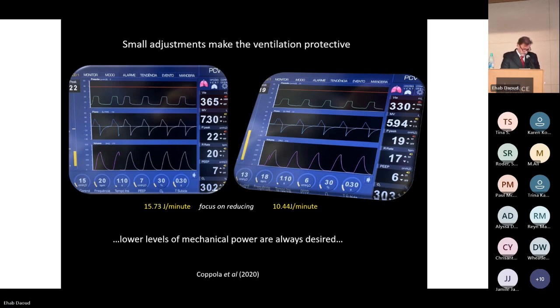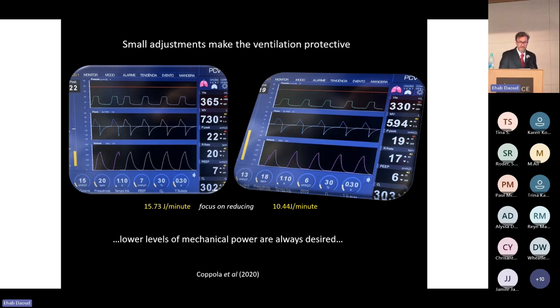Remember, a mechanical power value between 7 and 12 joules per minute was associated with the lowest injury assessment during anatomical and physiological variables.